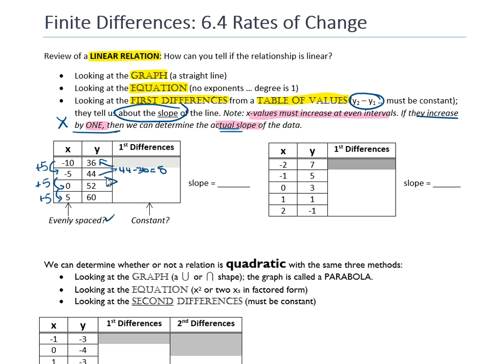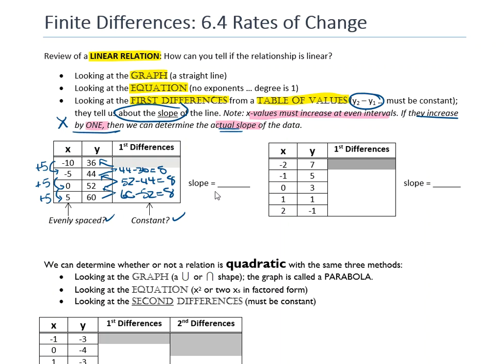How about the next pair? 52 minus 44. What's 52 subtract 44? Well, it's also 8. And how about 60 subtract 52? It's also 8. So this is asking if it's constant. Yes, constant means the same number. 8 is the constant.